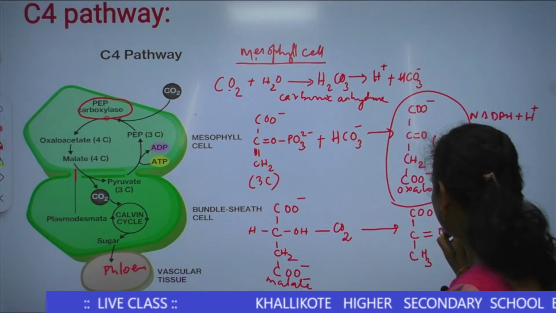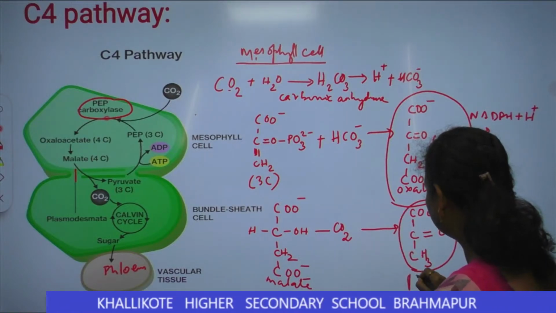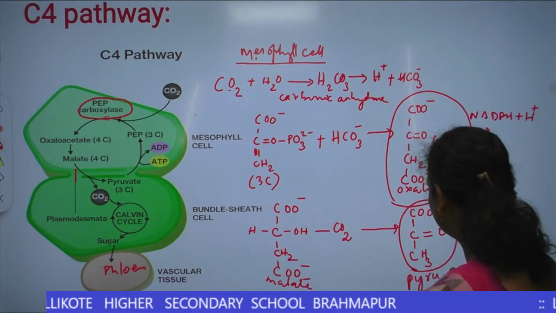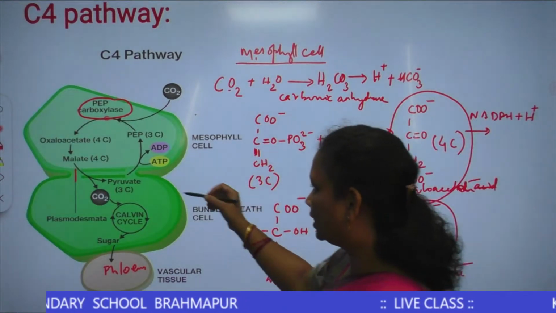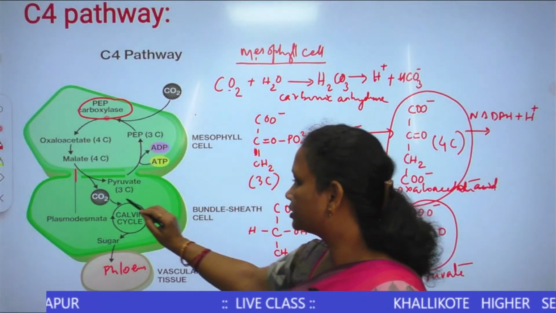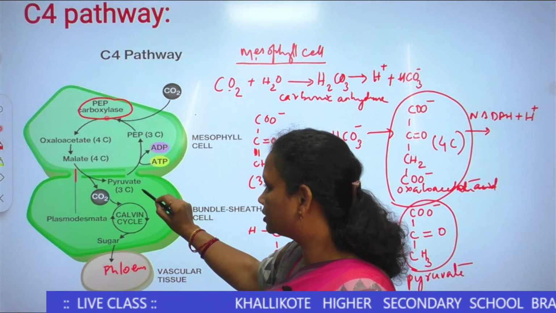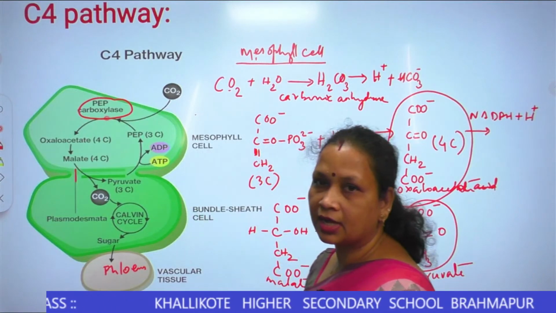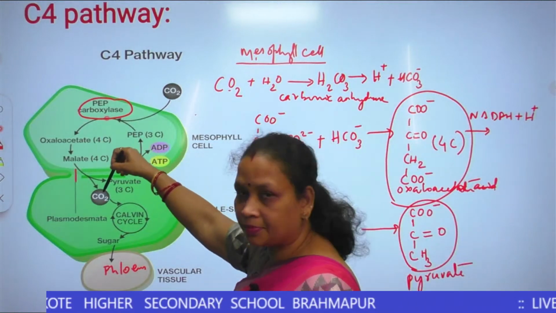So this is the 3 carbon compound pyruvate. So malate, after coming into the bundle sheath cell, gets decarboxylated, releases carbon dioxide, and gets converted into 3 carbon pyruvate. And then what happens to this carbon dioxide?